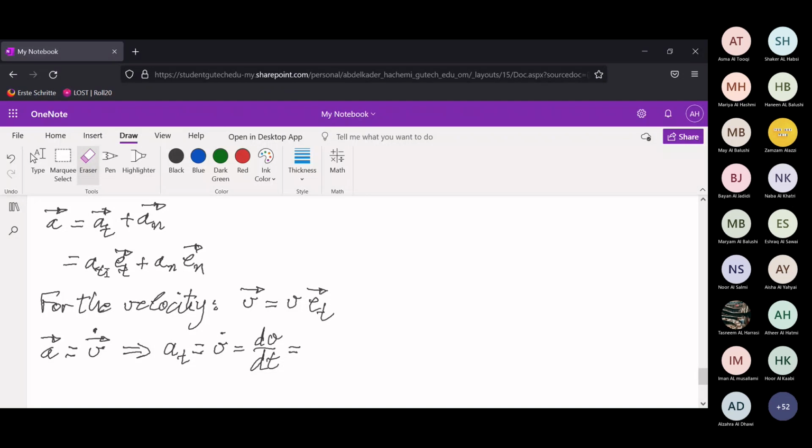Then we have dv over dt, and as the velocity is time dependent and also depends on the angle phi, I will take the tablet once again, and I can write dv over dphi multiplied by dphi over dt.